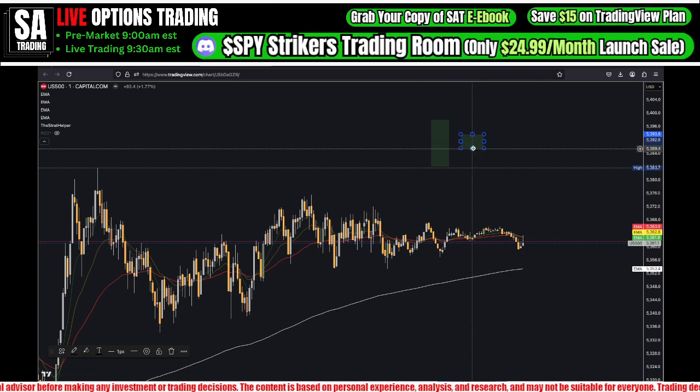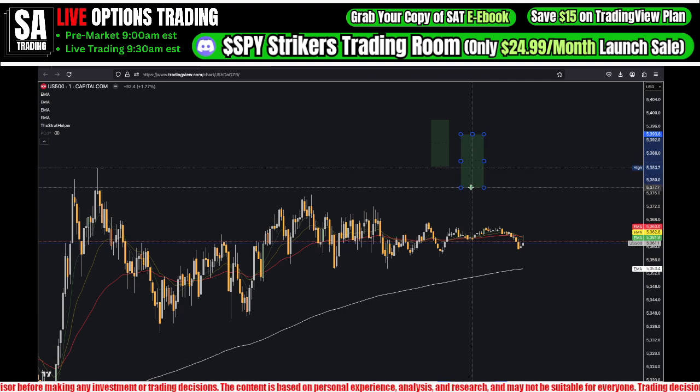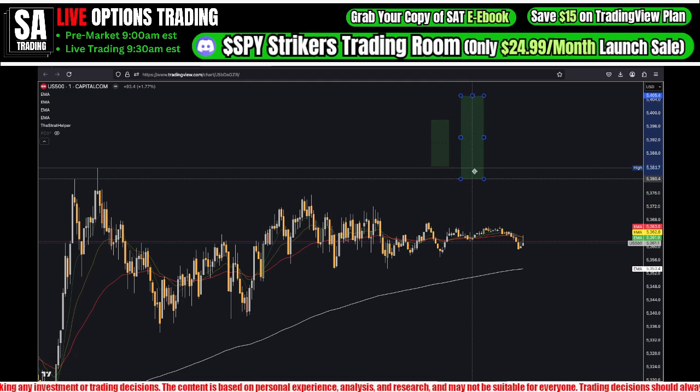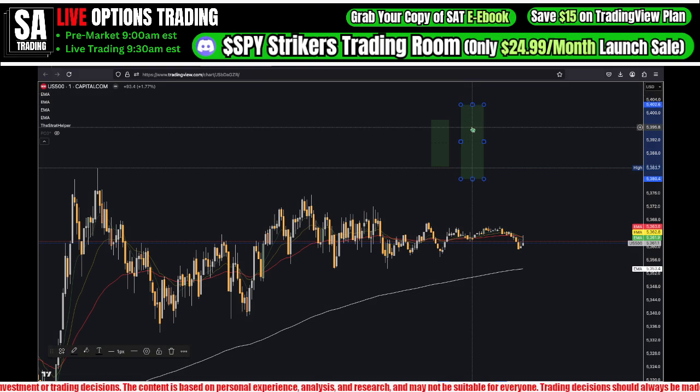The primary thing I pay attention to is to see if I can get buy blocks and sell blocks. So essentially an engulfing candle. It's a little different than an engulfing candle because sometimes they include the wicks, or sometimes they include the body, however you want to interpret it. But I like the buy blocks and sell blocks.